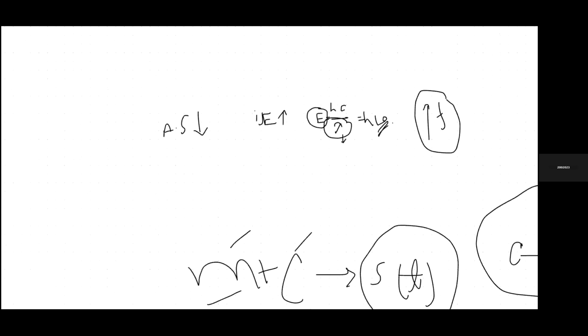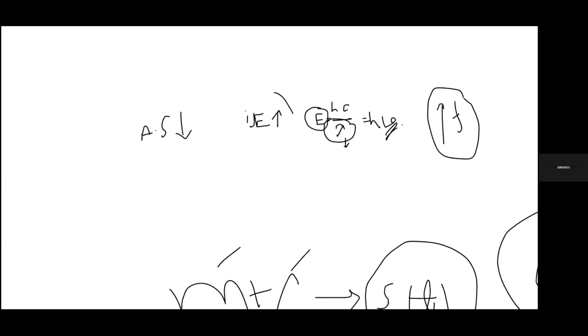The first is increasing energy to transmit the signal over long distances. How? We know that E equals hc by lambda, or otherwise h nu, where nu is the frequency. If we increase the frequency, E will also increase. The other reason is that increasing E causes lambda to be shortened.